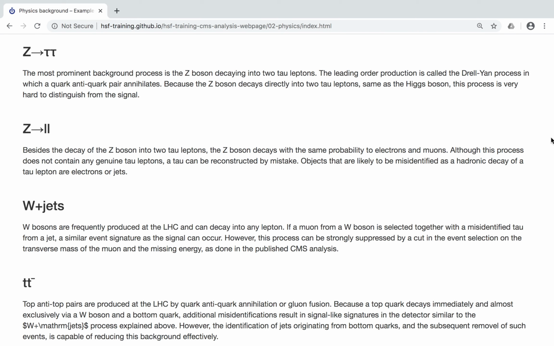And if there are other leptons present, there could be a muon present in addition to jets. We could identify a muon correctly as being from some hard scattering process and some decay of a Z. But then if there are also a lot of hard jets in the event, you might think that some of these jets are from a tau and think that this is a Higgs decay.